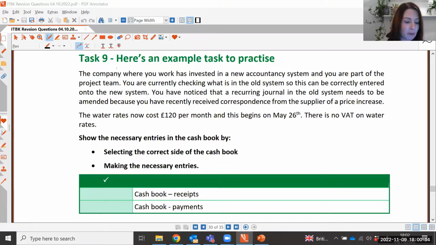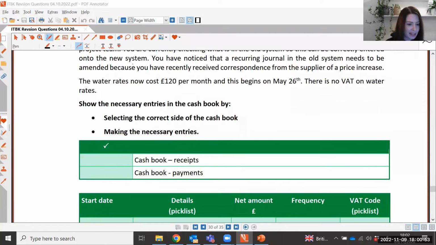So we're told now that the water rates have increased to £120 per month, and this begins on the 26th of May. We're also told that there's no VAT on water rates. Brilliant. Okay, I can see someone's already put an answer in the chat box. Yeah.